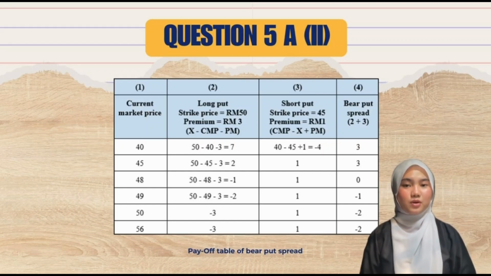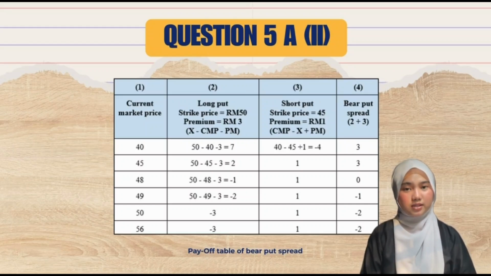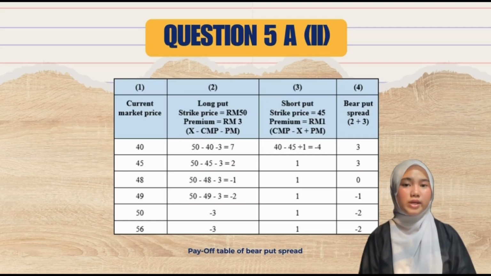The gains from the long put perfectly balance out the losses from the short put, giving us the maximum profit of RM3. At RM48, the long put makes RM2, which exactly covers the net cost. This leaves zero profit, proving RM48 is the break-even point. At RM49, there is a small net loss of RM1.